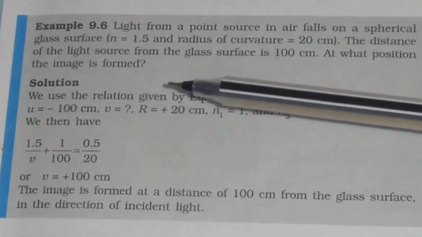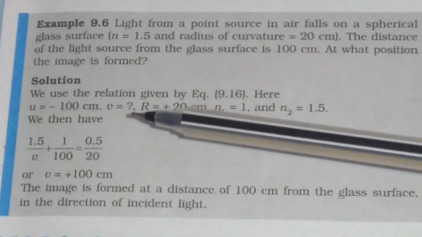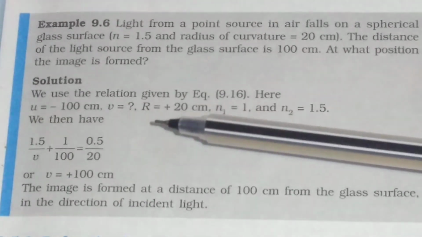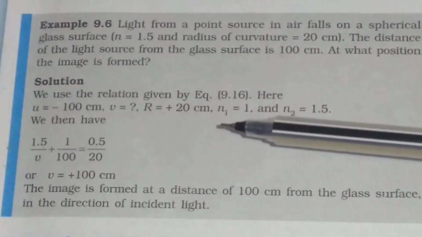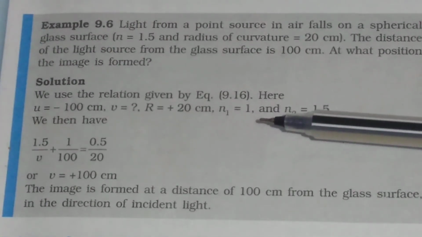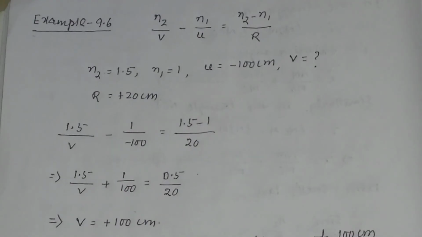Here the object distance is given as 100 centimeter, so u is equal to minus 100 centimeter. We have to calculate the image distance. The radius of curvature is given as plus 20 centimeter. n1 is 1 and n2 is 1.5.